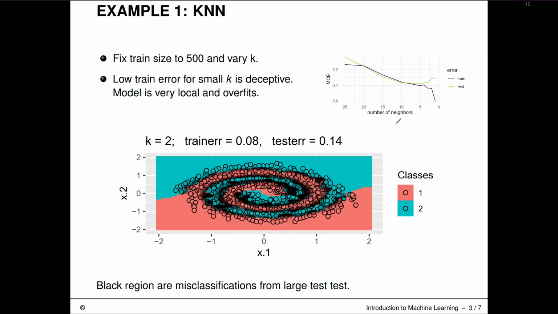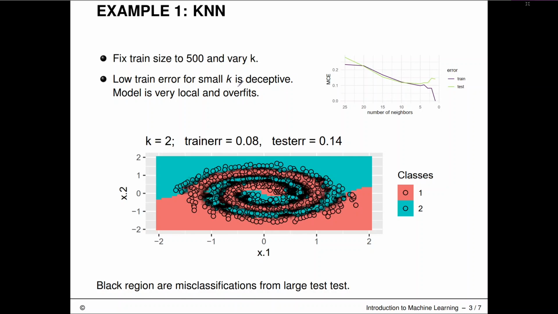And for all of these different settings for the number of neighbors in the KNN, we'll again measure the training error on the training set, so on these 500 points, and we'll again measure the testing error on this large, fresh, extra testing data set. And you can see here that there's a certain range of settings for k where this works quite well, where the difference between the train and the test error is quite small.